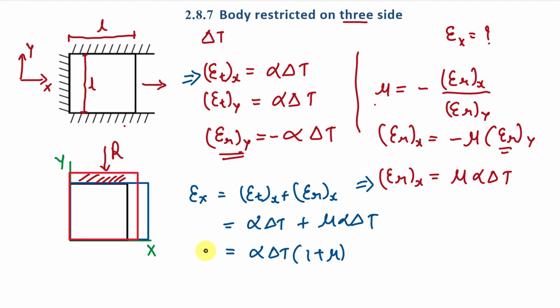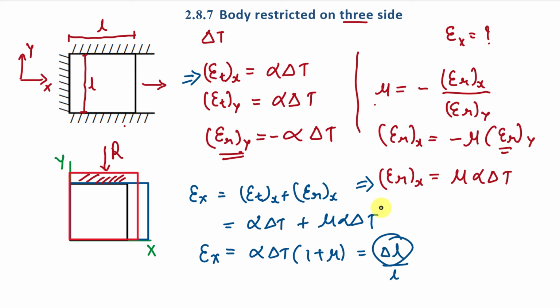Fine. So finally we have strain in x direction, and we know that strain in x direction will be change in dimension in x direction. Let's say change in dimension in x direction is delta L divided by original dimension in x direction is L. So from here we can find out value of delta L. It will be this L multiplied by alpha delta T into bracket 1 plus mu.